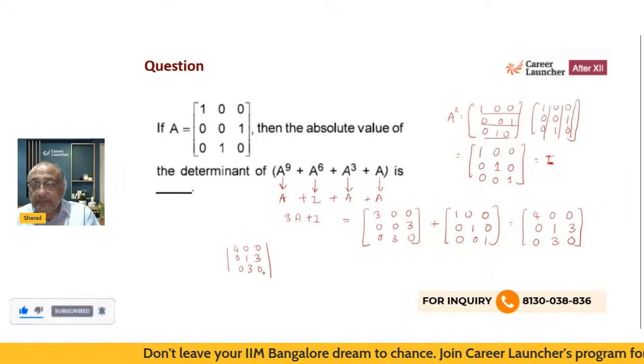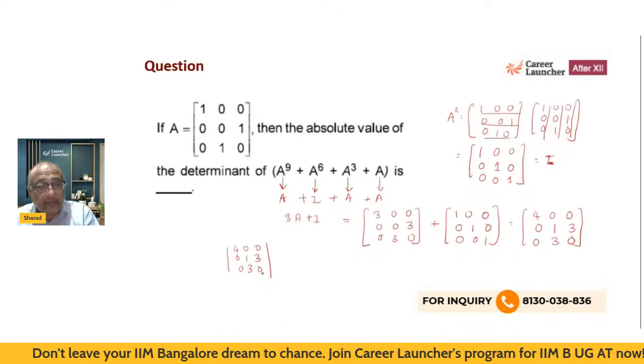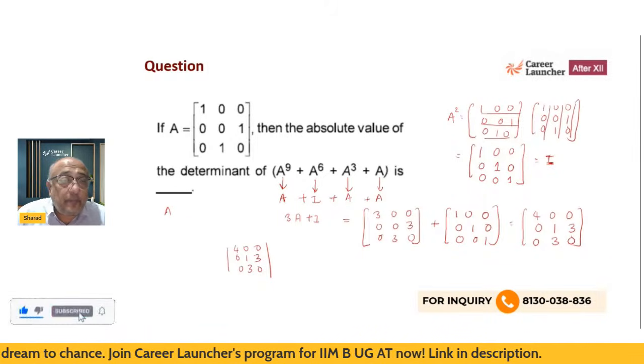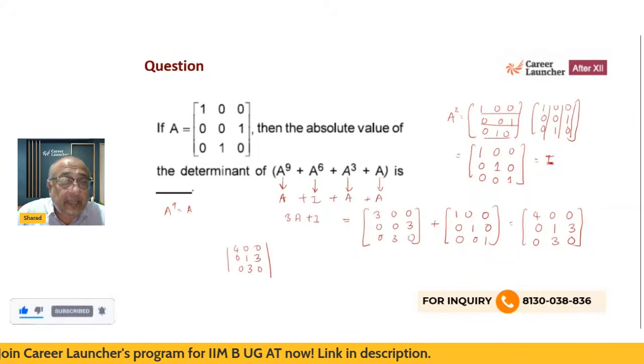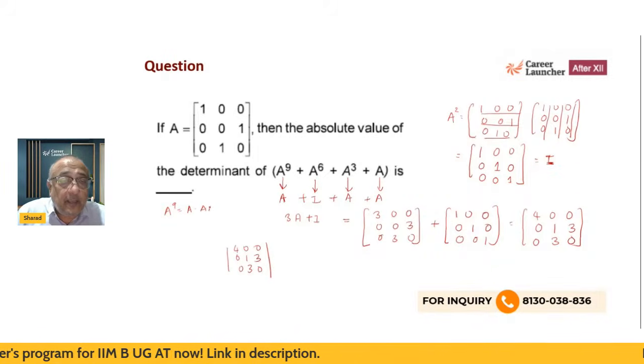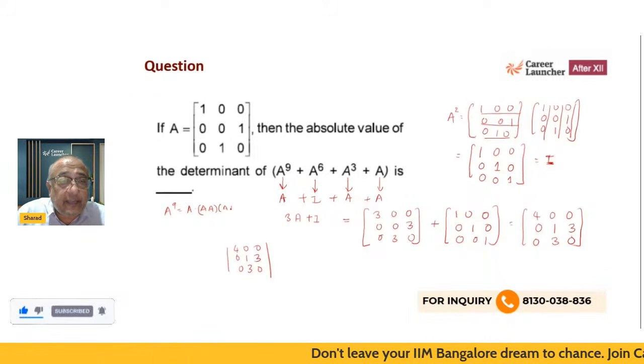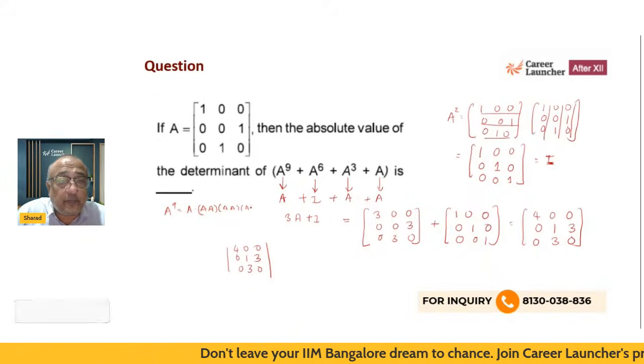Sir, can you please explain how you write a raised to power 9 is equal to a? Yes, Tanvi. A raised to the power 9 can be written as a into a raised to the power 8, or a square. How many terms of a square will come? 4 terms.